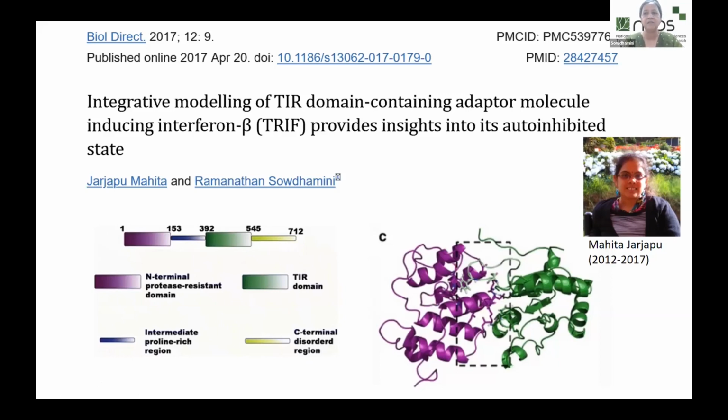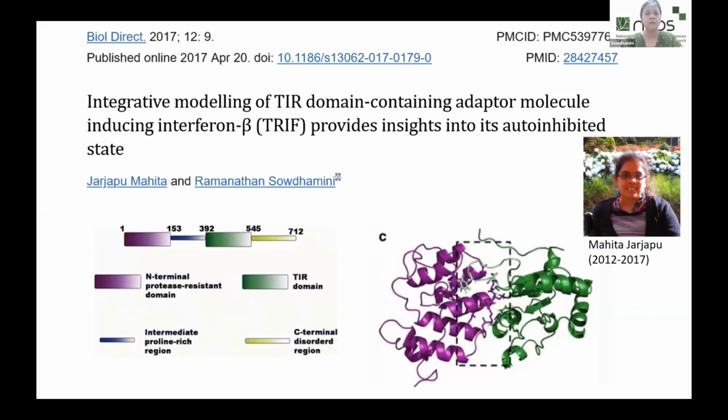The toll-like receptor has 3 major components. The ligand binding part, which will be in the extracellular milieu, and there will be a transmembrane helical region. Following that, we have an intracellular domain, which is involved in the consecutive signal transduction.